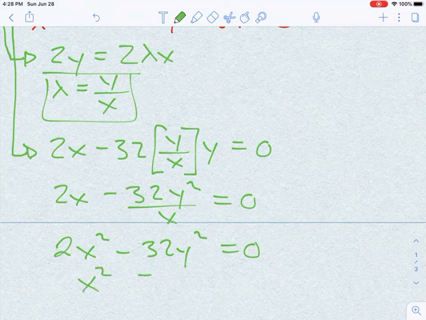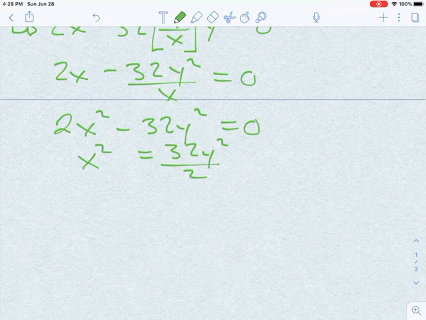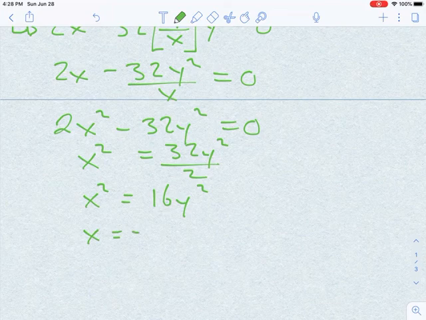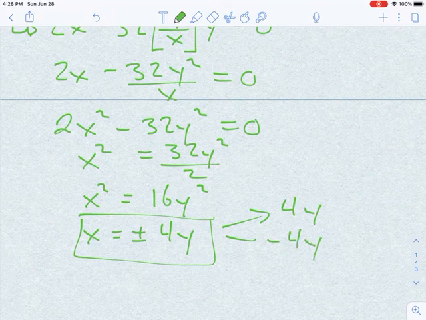So x² equals 32y² divided by 2, or x² is equal to 16y², or x is equal to plus or minus 4y. So there are two values of x: 4y and negative 4y.